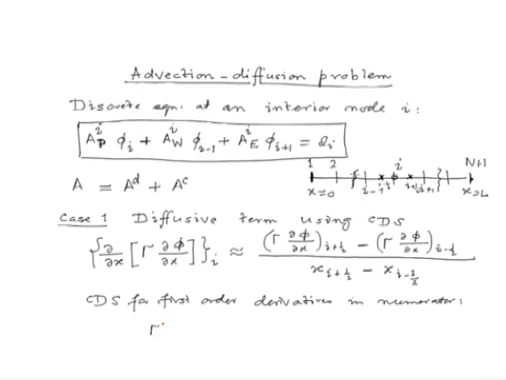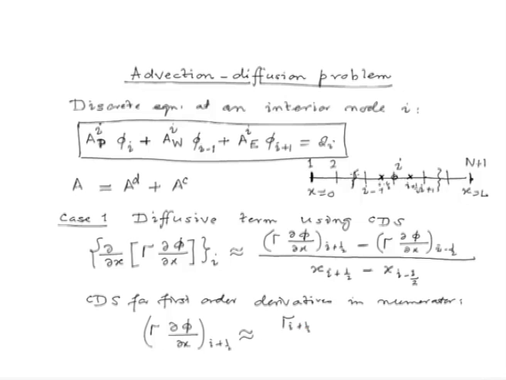So, that will give us gamma del phi by del x at I plus half. This can be approximated in terms of the values at node points I plus 1 and I, because I plus half is the midpoint of I and I plus 1.